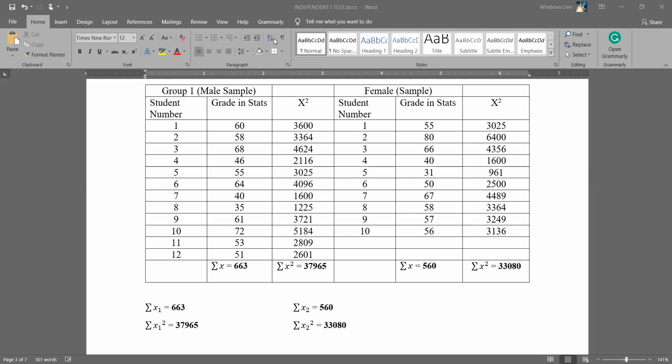So under sigma x, you add all the values together, and when you add them, you will get 63. That'll be sigma x for group 1.